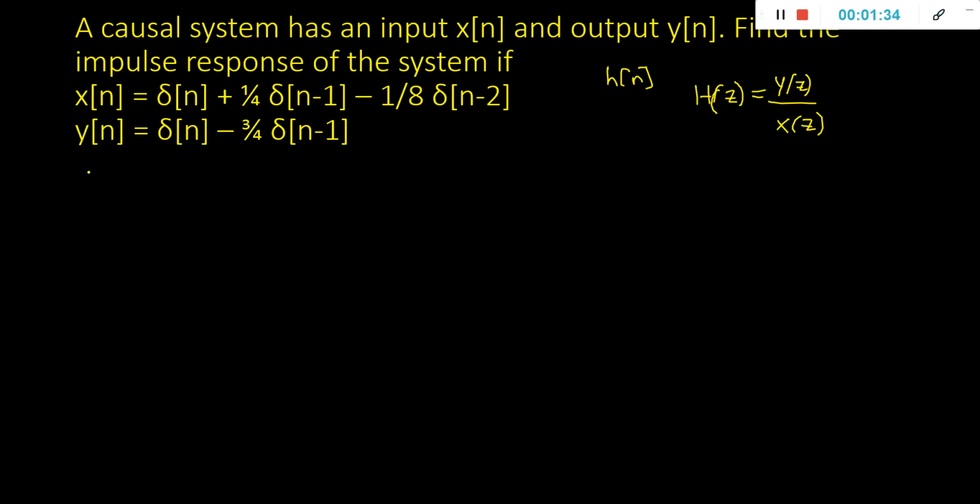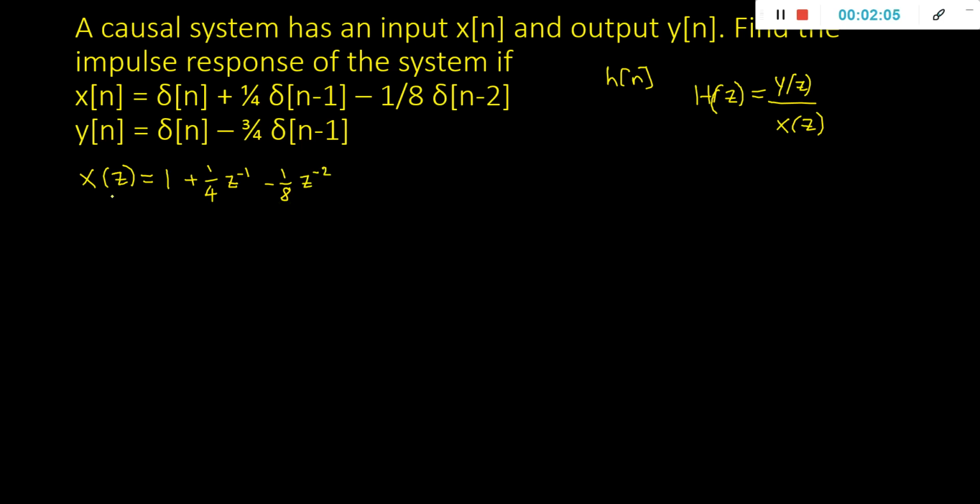So initially, let's try to find the z transform of each one of them. So x of z is going to be very simple. We know that the z transform of delta of n is going to be unity, plus 1 by 4 times the z transform of delta of n minus 1, which is z to the power minus 1, minus 1 by 8 times the z transform of delta of n minus 2, which is z to the power minus 2.